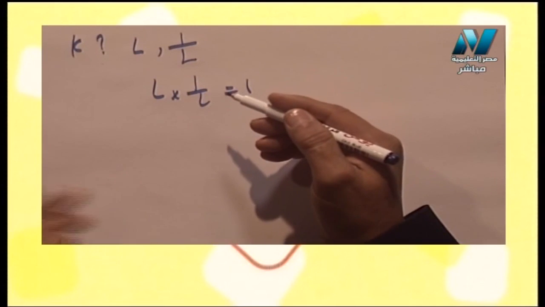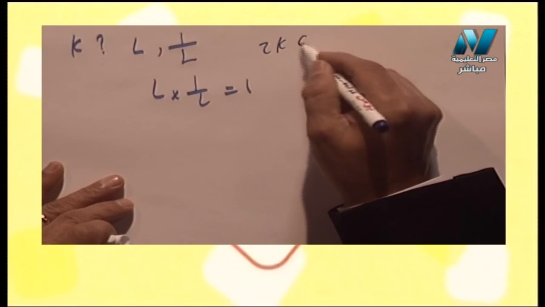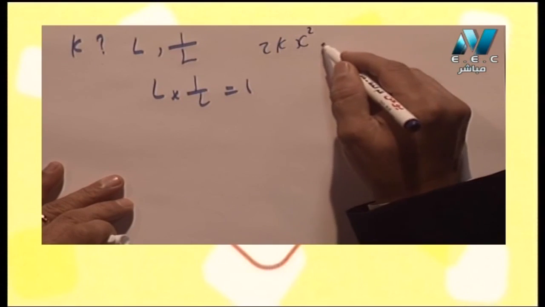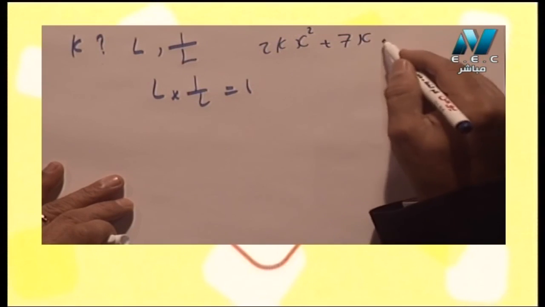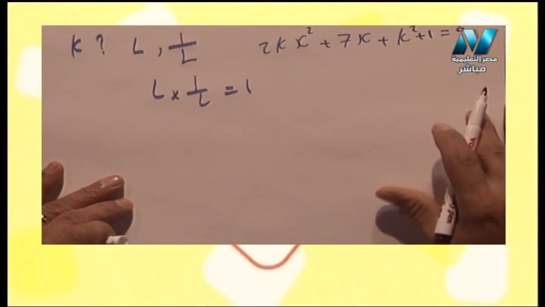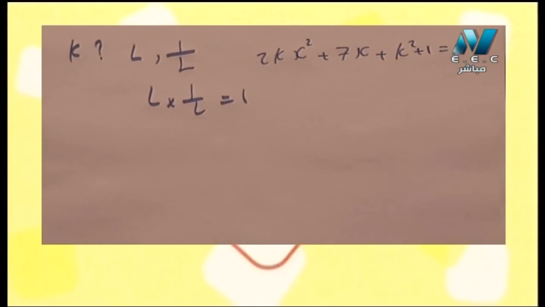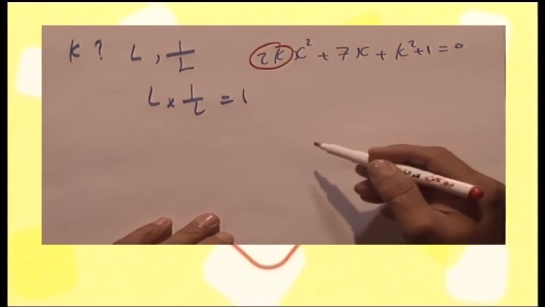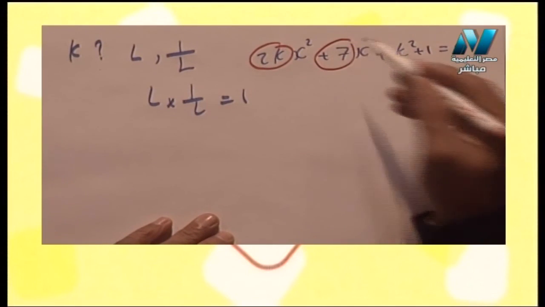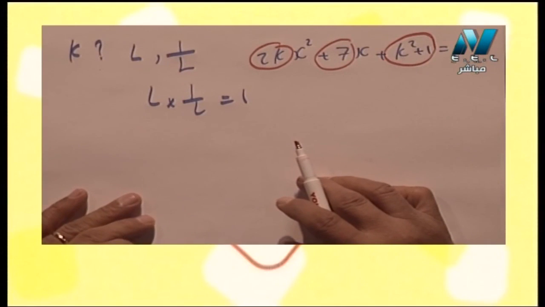Where is k? K is in the equation, which is 2k x power 2 plus 7x plus k power 2 plus 1 equals 0 here. Okay, it's clear now. Where is a? A here is 2k, and b is 7, and c is all of this number, k power 2 plus 1.